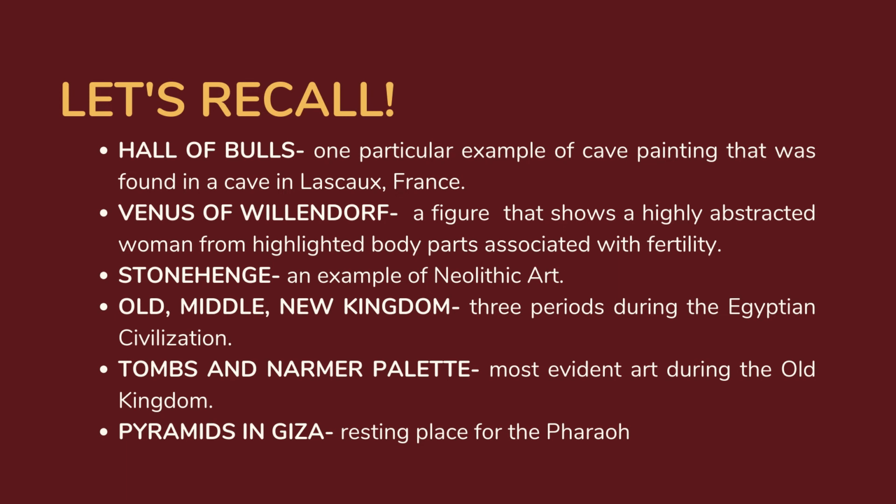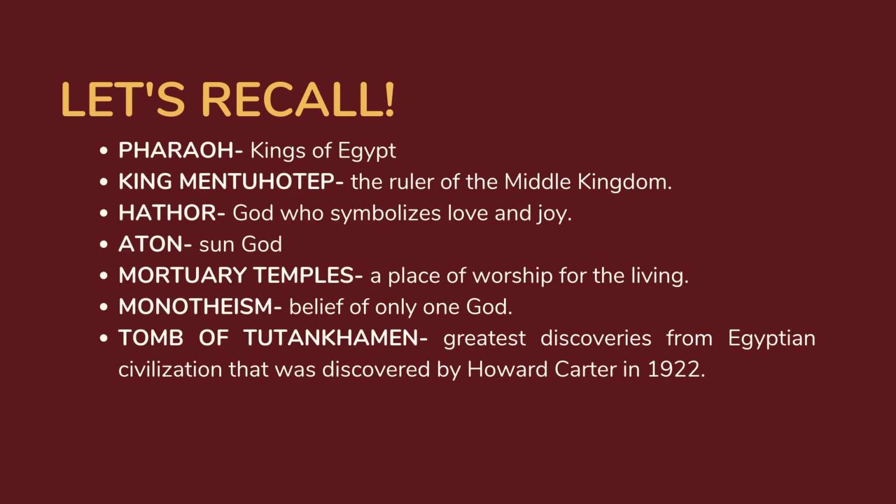The Old, Middle, and New Kingdom are the three periods during the Egyptian civilization. The tombs and the Narmer palette are the most evident art during the Old Kingdom. Pyramids in Giza is a resting place for the pharaoh. So Pharaoh is the king of Egypt.